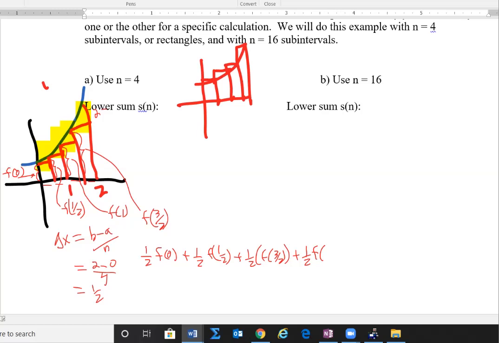Oops, I missed the 1 in there. They increment by half, so there should have been 1 right here. So I got all these in here now.